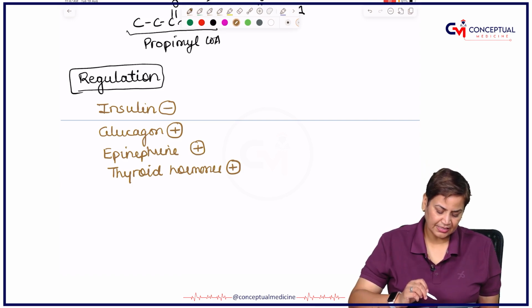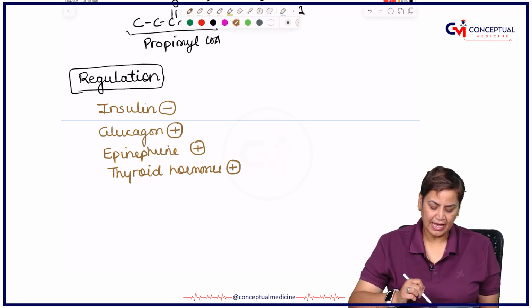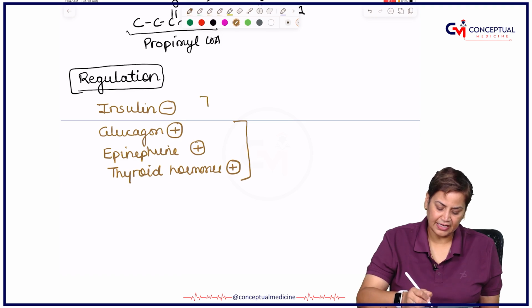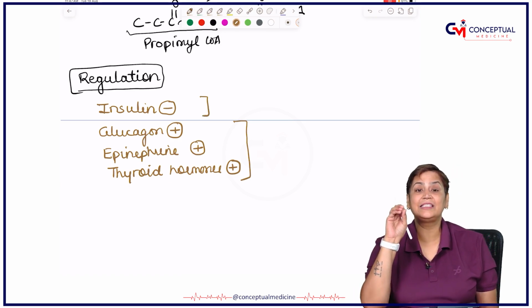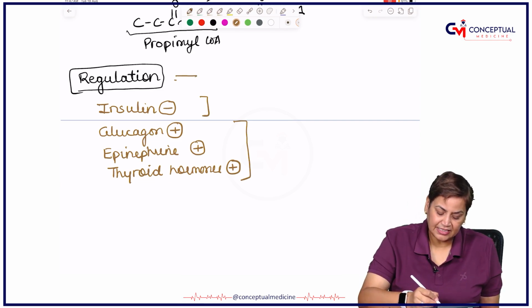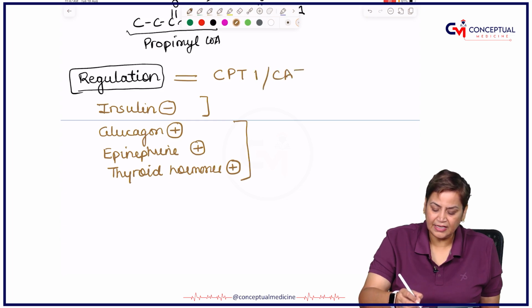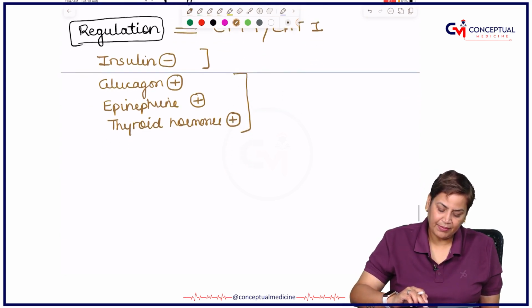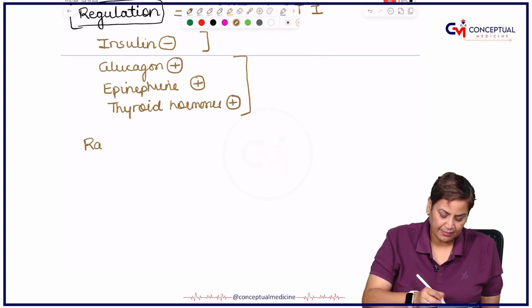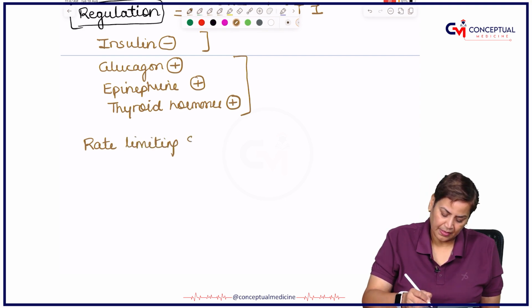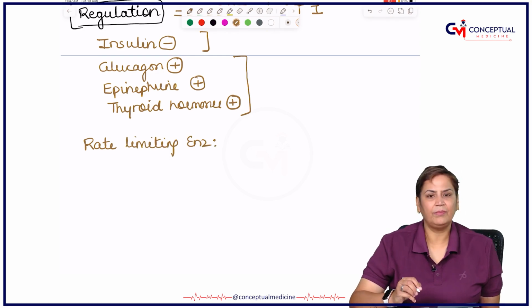Now the question is, glucagon, epinephrine and thyroid hormones are accelerating it, and insulin is inhibiting it, so what is the main target? Here the main target is CPT1 or CAT1. That is why CPT1 is the rate limiting enzyme of beta oxidation.